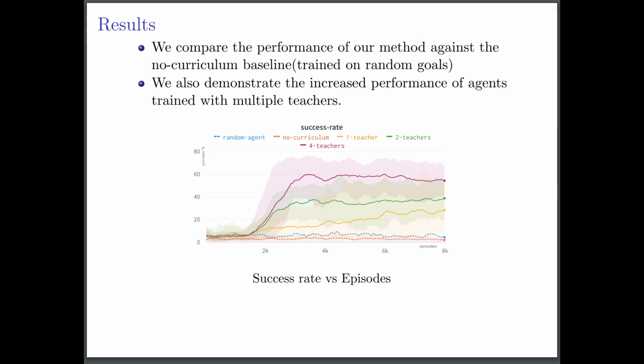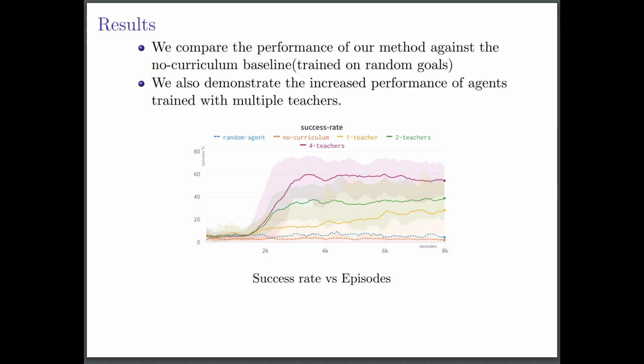Next, we move on to the experimental results. The following graph shows the success rate on unseen goals versus episodes, averaged over multiple runs for different teachers. We compare the performance of our method against the no curriculum baseline, which is a standard TD3 agent trained on random goals. Note that it performs comparably to a random agent due to receiving insufficient feedback from the environment.